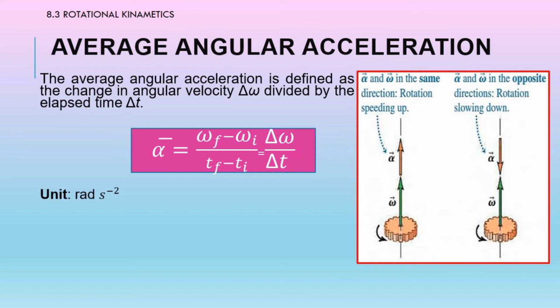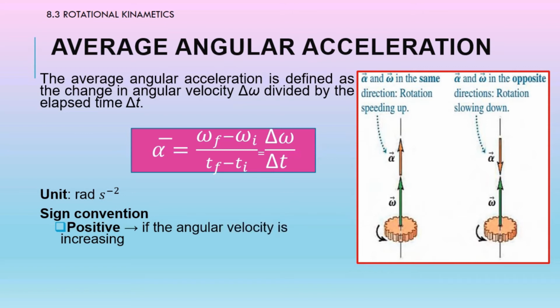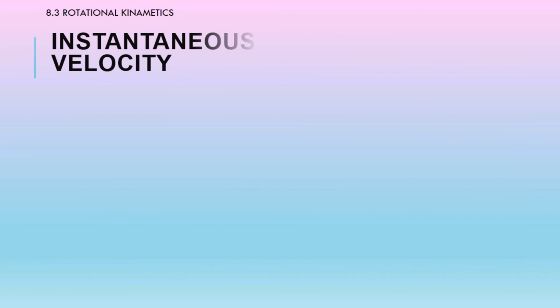The unit of average angular acceleration is radian per second squared. For the sign convention, it will be positive if the angular velocity is increasing, but negative if the angular velocity is decreasing.